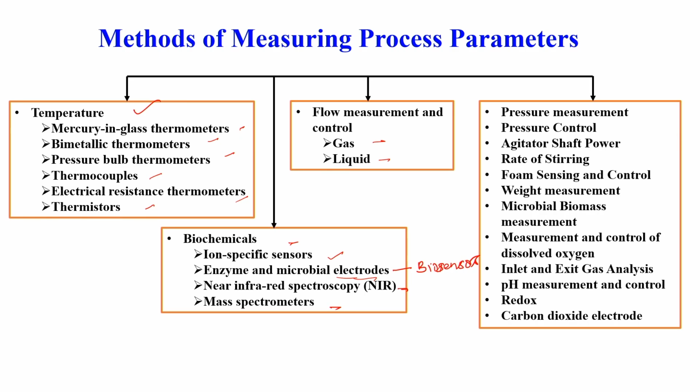In addition, there are other monitoring equipment like pressure monitoring and control, agitator power, RPM or rotation, foam sensing and control. You can measure the weight, microbial biomass, dissolved oxygen control, exit gas analysis, and pH, which is very important, pH control and measurement, redox and carbon dioxide electrode, because CO2 is the most common gas in off gases.